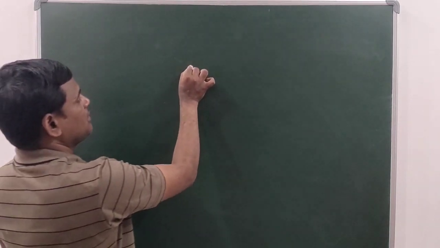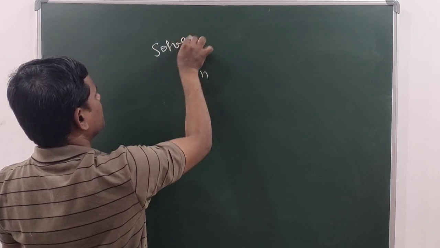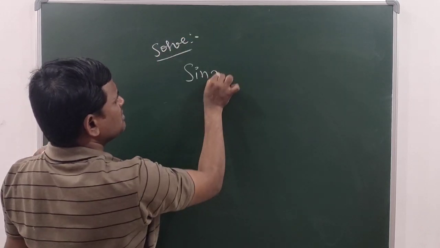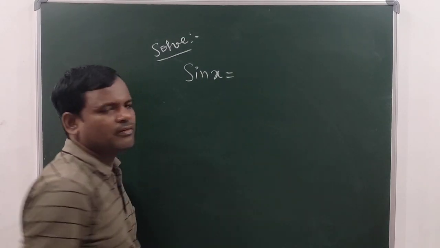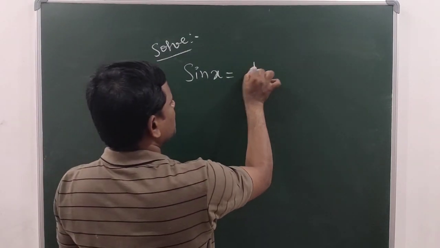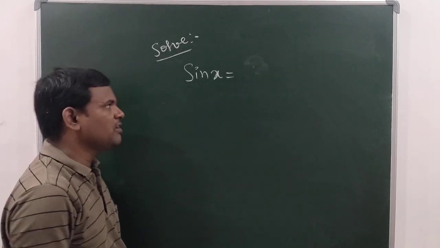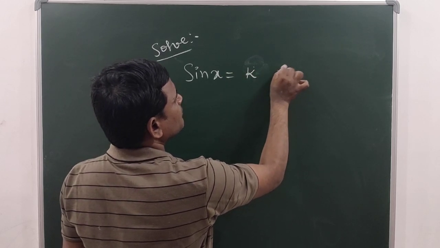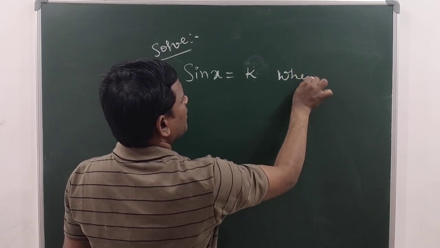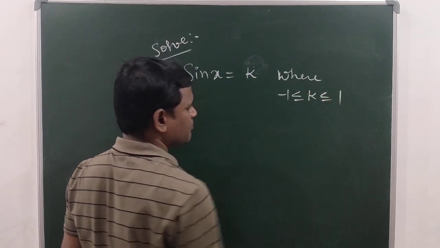Now let us see this. How do you solve this equation? Solve sin x is equal to sin alpha. One equation is given. Otherwise, sin x equal to k, where k lies from -1 to 1.